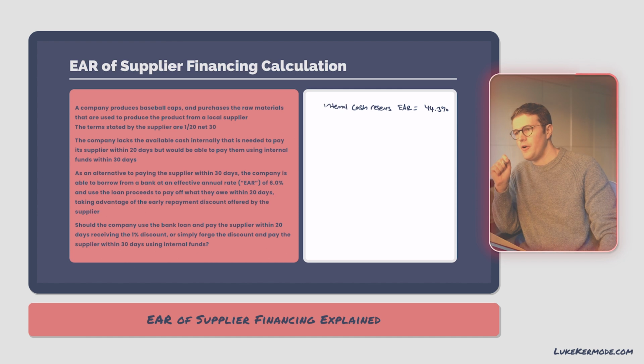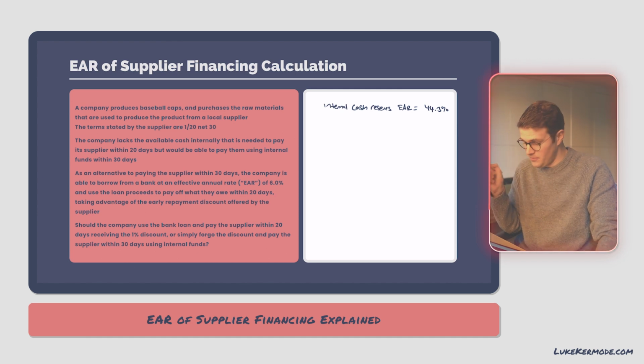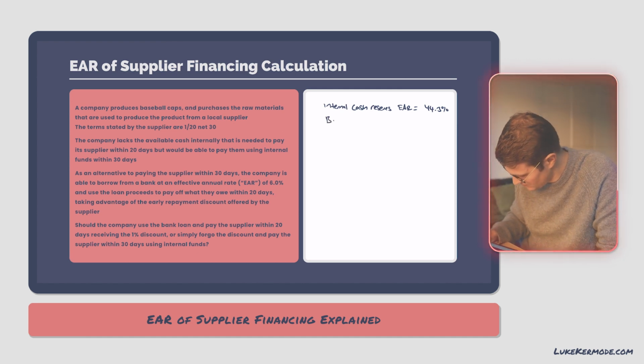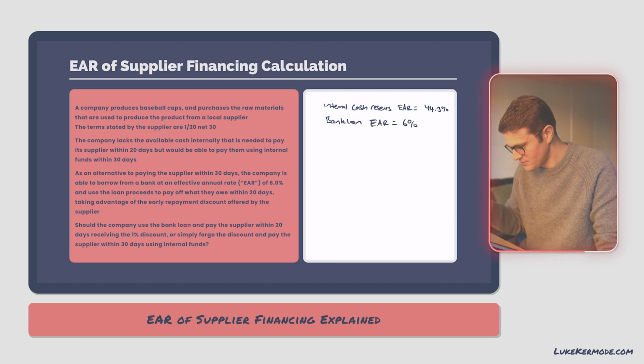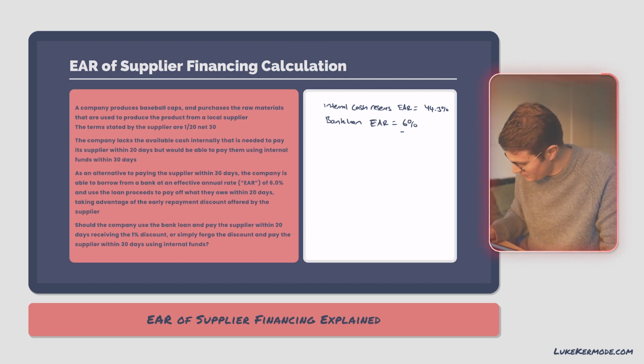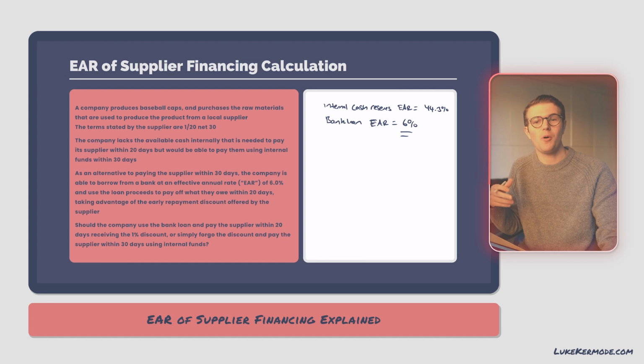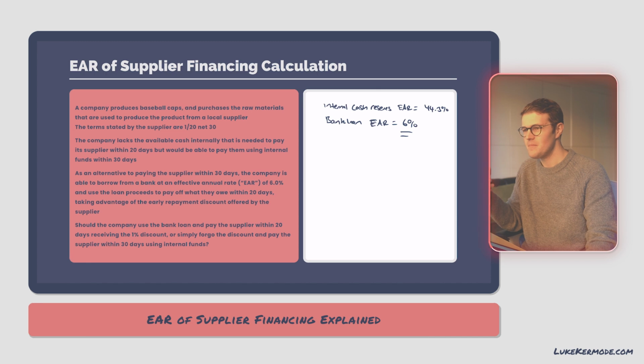And we also know that if we take out a bank loan and use that bank loan to take advantage of the early repayment discount, that rate is 6%. So clearly, the bank loan is going to be more cost effective for the company because it has a lower interest rate, a rate of 6% as opposed to 44%.